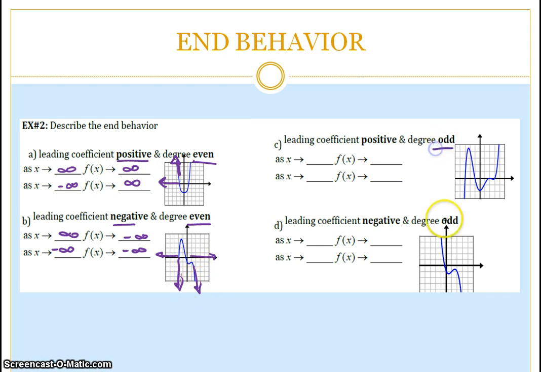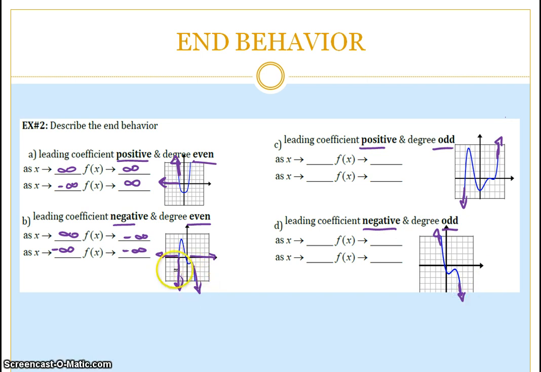Okay, the next case is when the degree is odd and the leading coefficient is positive. So notice for odd, they point in opposite directions in both cases. When the leading coefficient is positive, it's going up on the right-hand side. When the leading coefficient is negative, on the right-hand side it's going down.